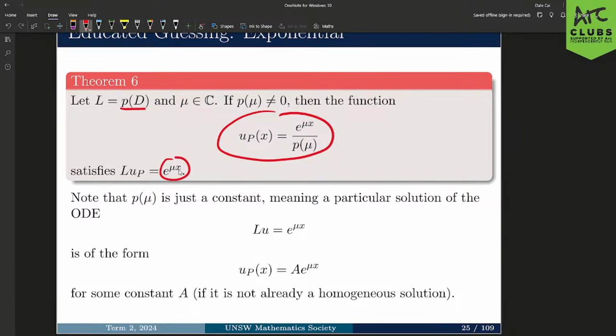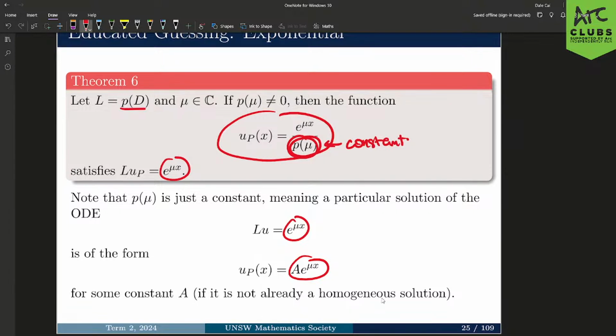This P of mu you don't need to worry too much about. It is the same P as this, but all you need to remember is that this is just some constant. And that means that a particular solution of Lu equals e to the mu x is just a constant times e to the mu x, right? That's what this is.